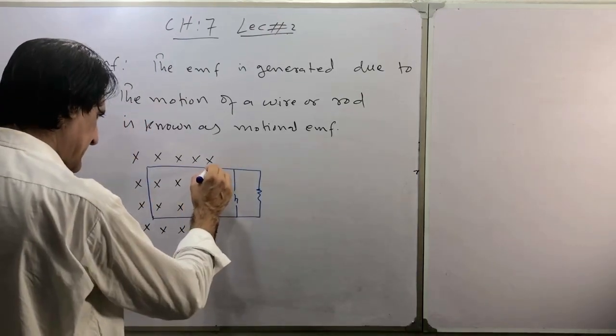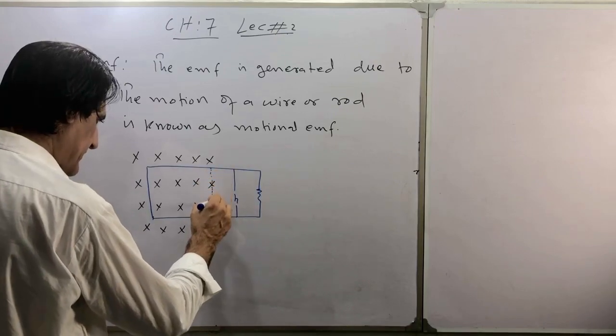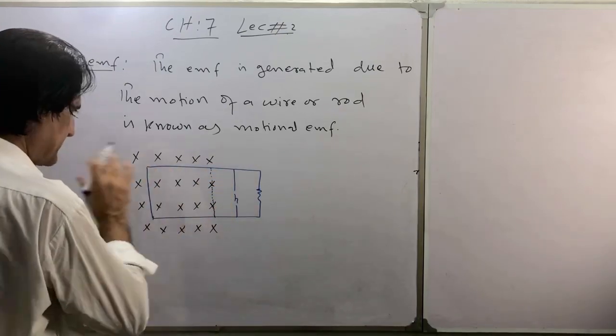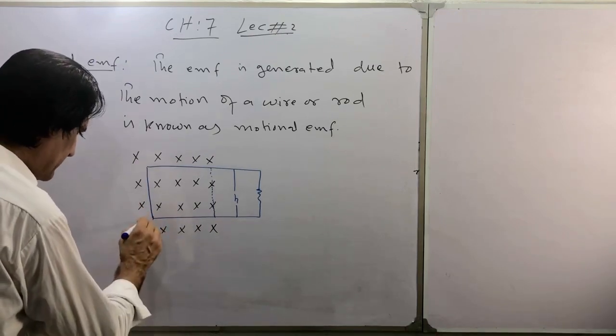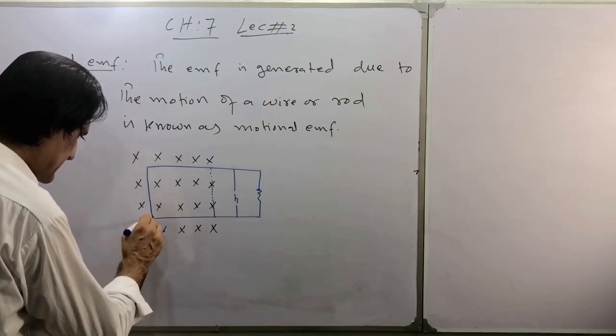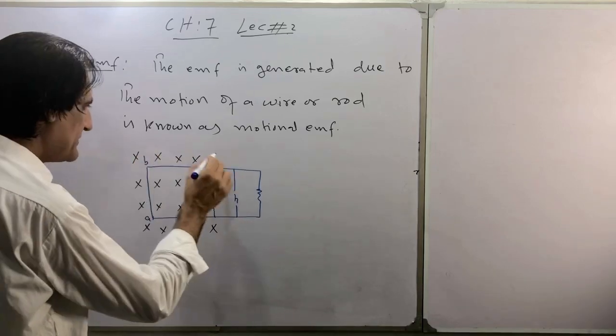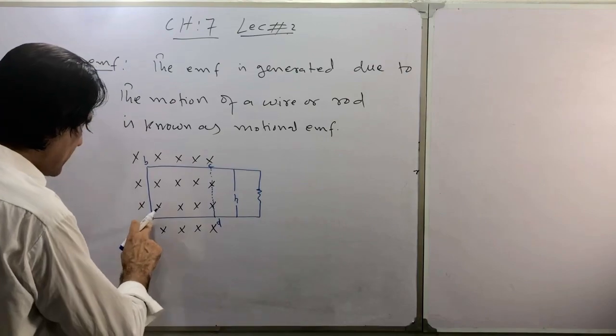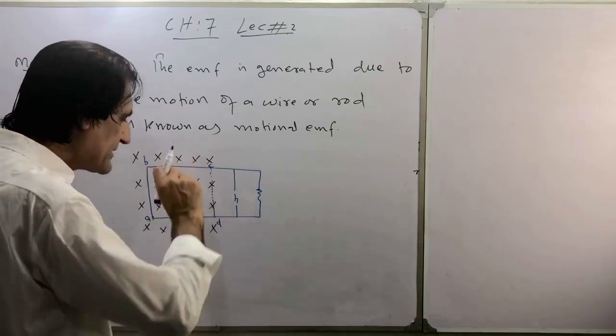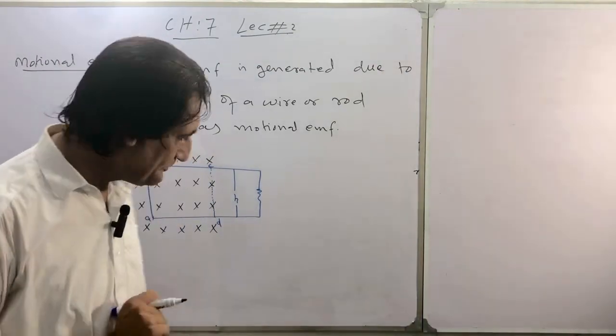This is the area which is inside the magnetic field. Let's suppose this corner is A, this is B, this is C, and this is D. So A, B, C, D is inside this magnetic field.